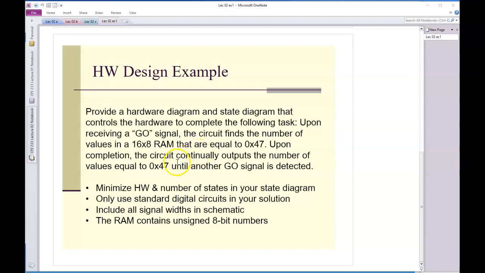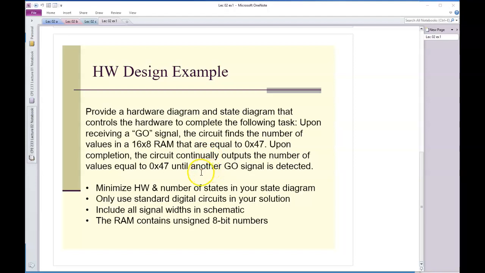The notion in these problems is that some external device has pre-written the values to the RAM, and nothing in this problem requires me to do any writes. So effectively I can turn the write enable off. Typically I just ground it, but it's probably better to put it into the state diagram.